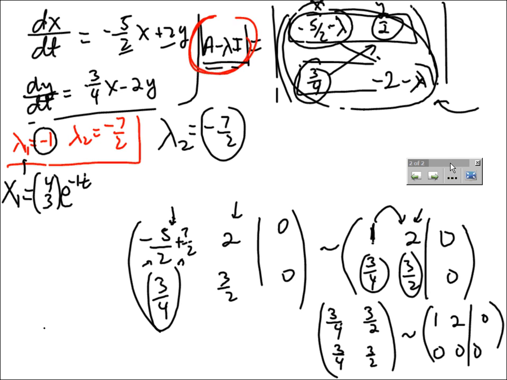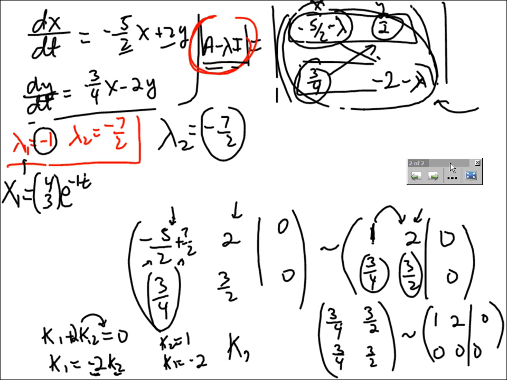Okay, so this tells me that K1 plus 2 K2s is 0. Bringing this over, it tells me K1 is negative 2 K2s. So let K2 be 1. And then K1 is negative 2 times 1, which is negative 2.